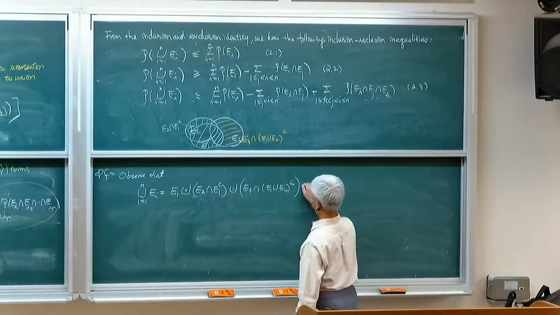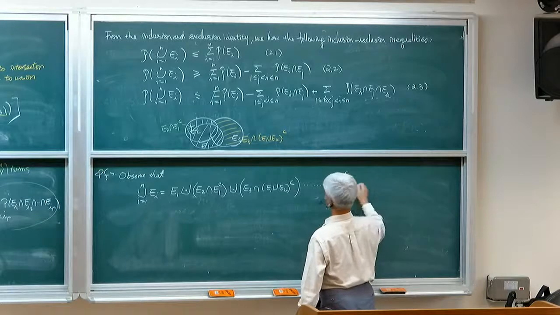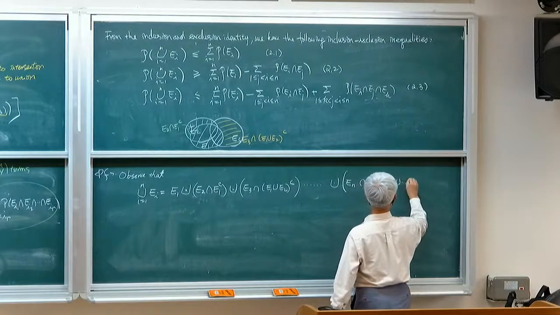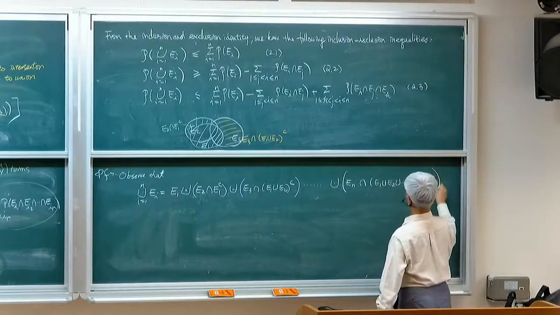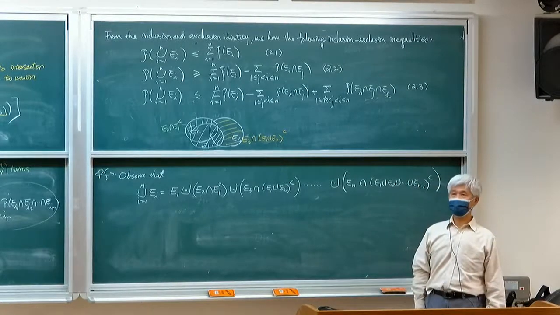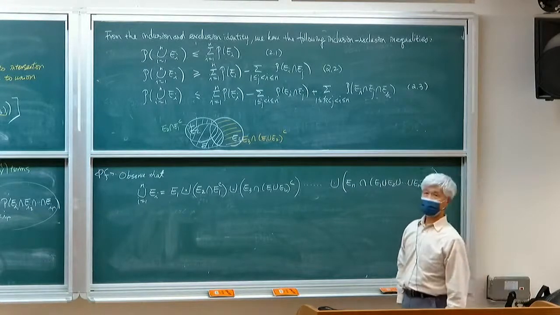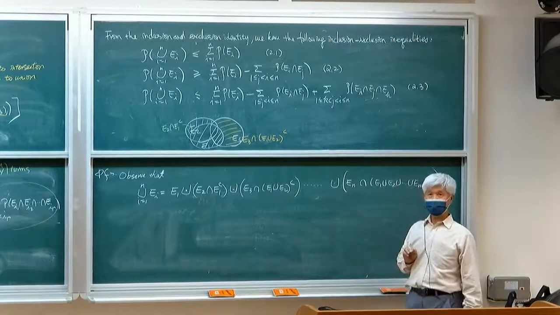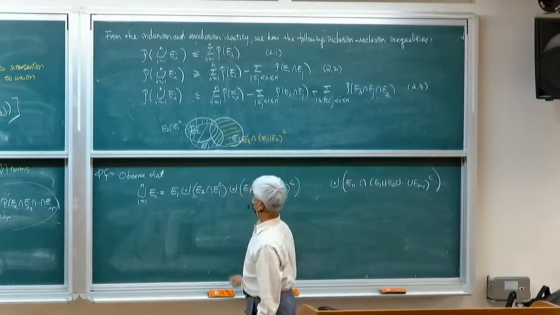So etc. up to En intersect with E1 union E2 complement. Okay? Do you have any difficulty? Okay, so they are all a disjoint union.